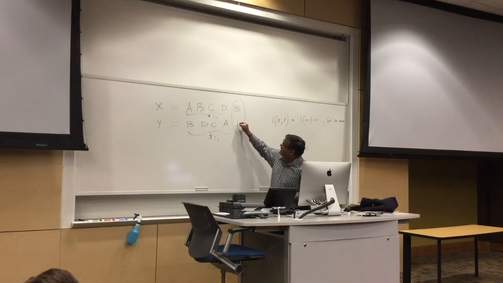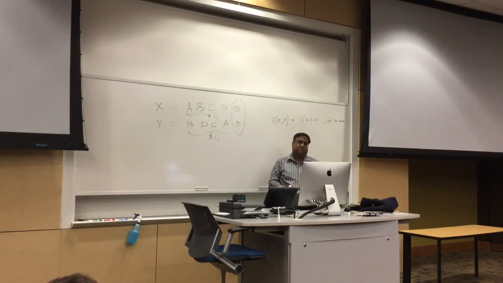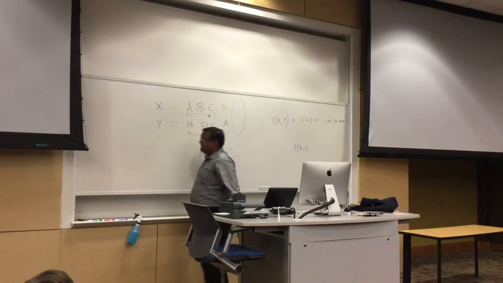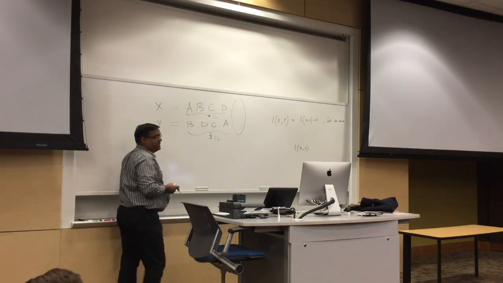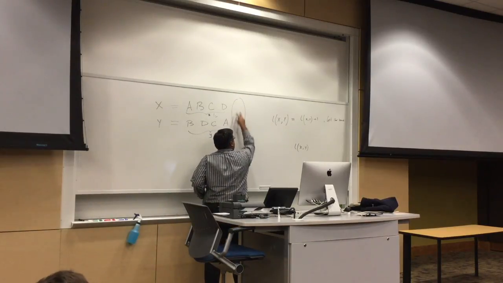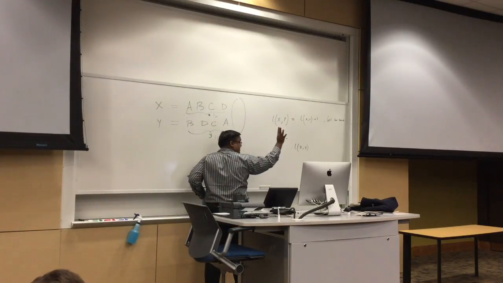If I make this D here, B and D are different. So now forget about this. What's the length of the longest common subsequence here? We agree it's 2. If I add the same character, it becomes 3. Easy to understand.